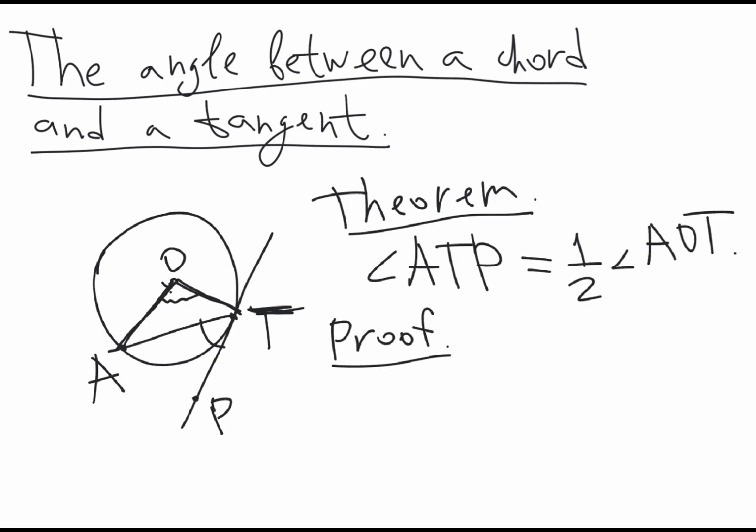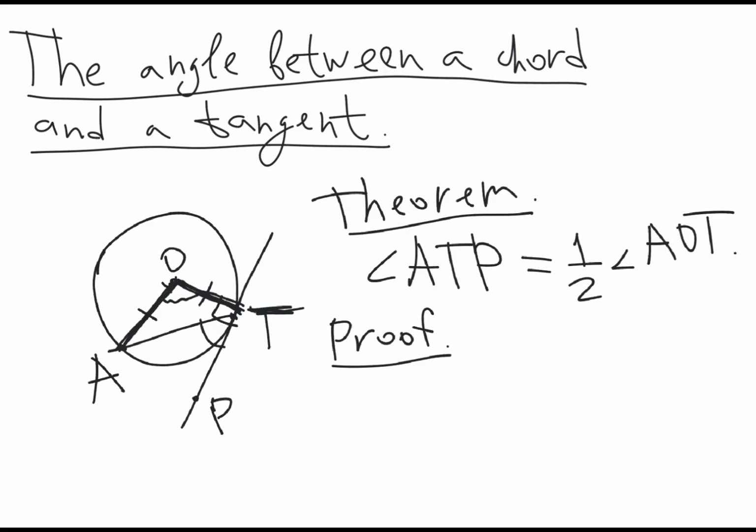So the first thing that we notice is that since O is a center, then OA and OT are radii of the circle, therefore they are equal to each other, and the radius OT is perpendicular to the tangent.